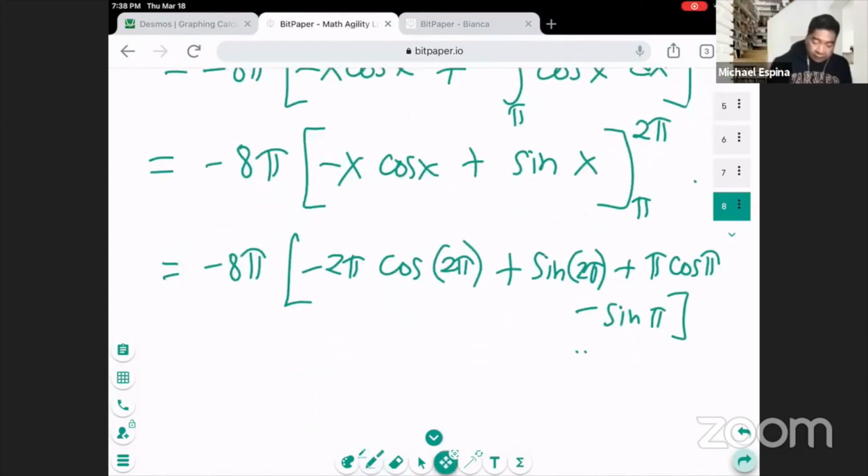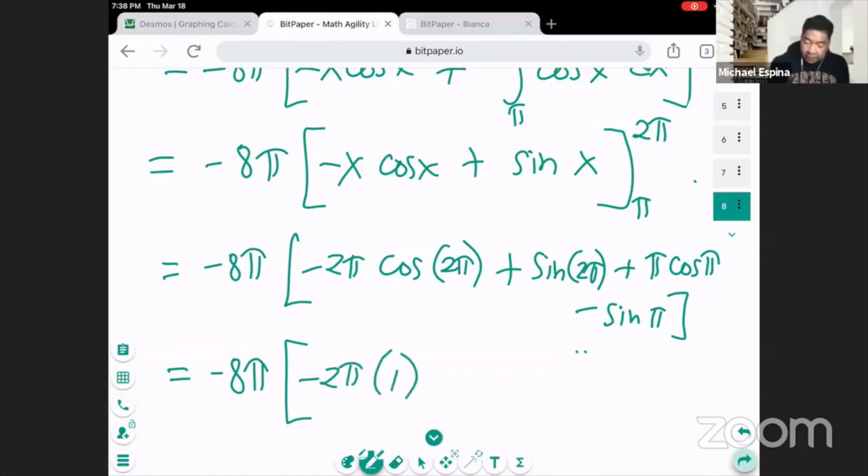So negative 8 pi outside. Cosine of 2 pi is actually 1, so we have negative 2 pi times 1, and then sine of 2 pi is 0, so plus 0. Cosine of pi is negative 1, so pi times negative 1, and sine pi is 0, so minus 0.